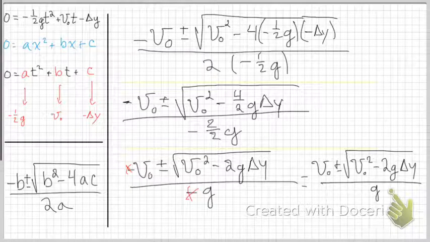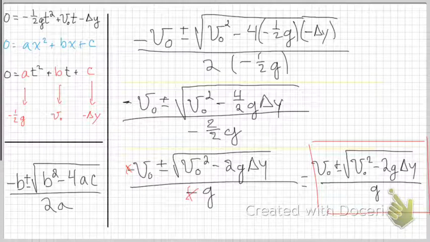And I have minus signs that cancel out upstairs and downstairs, and I'm left with v naught plus or minus square root v naught squared minus 2g delta y divided by g. And we very much will be interested in seeing how that plus or minus part before the radical gives us different values for t.